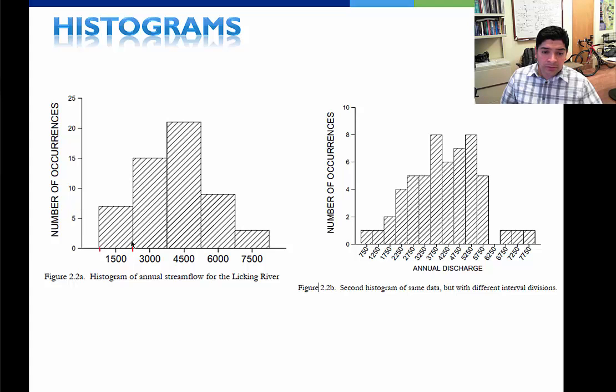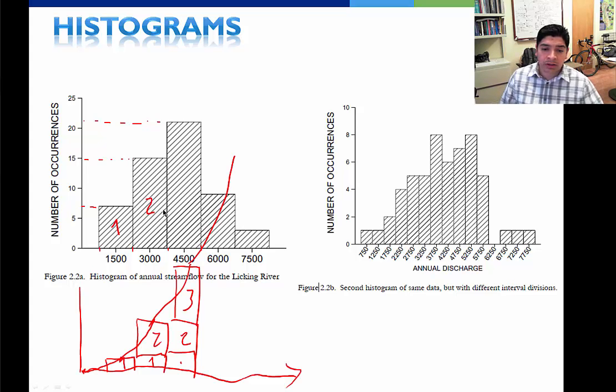The frequency of this flow happening in this river is about 7 times a year. Happening between this range, it will be about 15 times. Happening between this range, it will be about 21, 22 times. And so on. So what this means is you just count how many times this is happening, and this is a histogram.